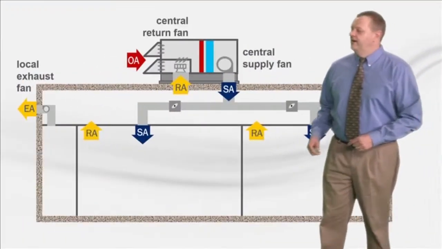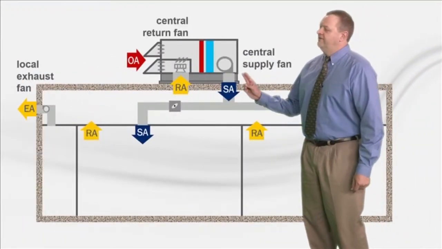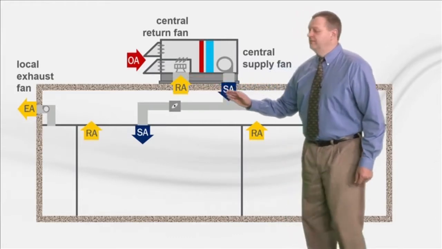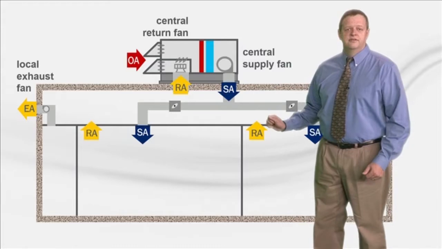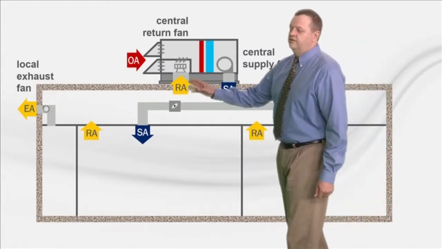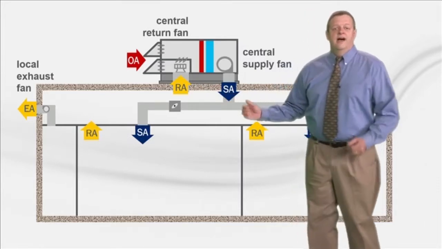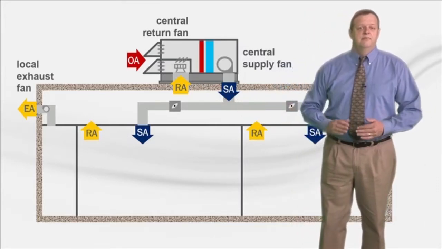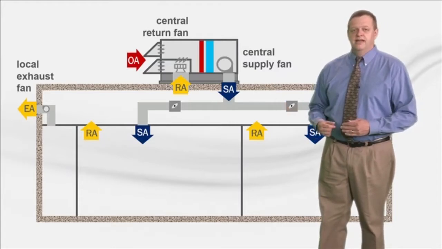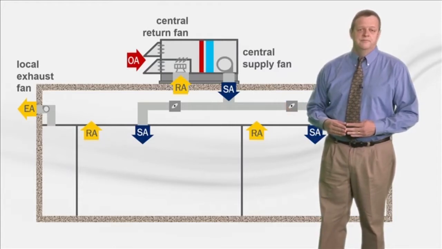Here's a central VAV air handling unit that includes a supply fan and a return fan. Both are used to supply air from the heating and cooling source to the occupied space and then return that air to that source. The highest supply airflow rate occurs at peak cooling load conditions, and at that time, both the supply and return fans will be operating.